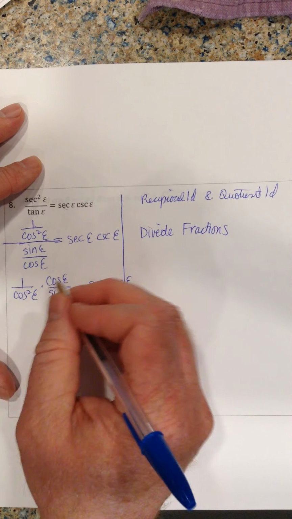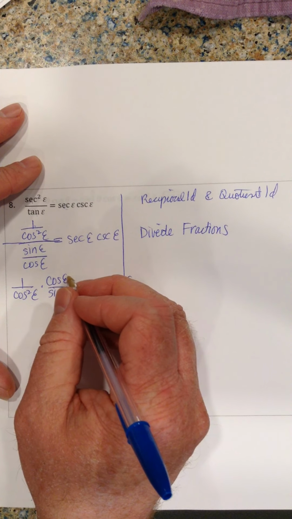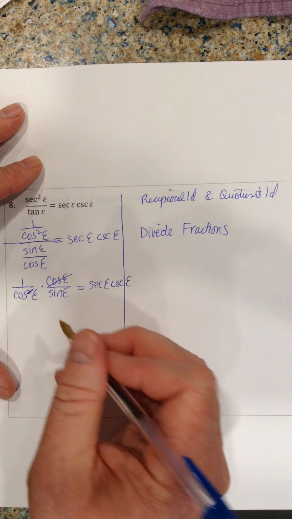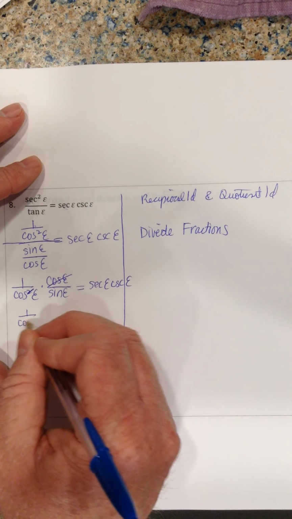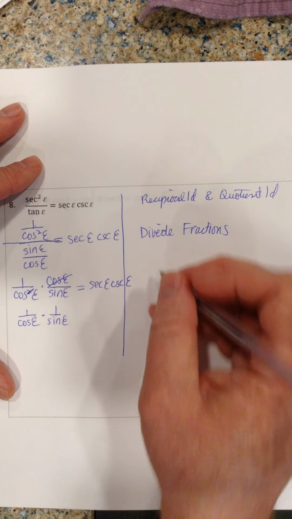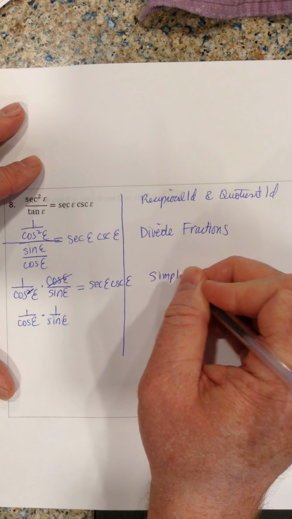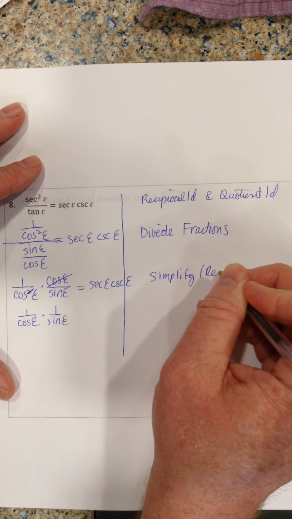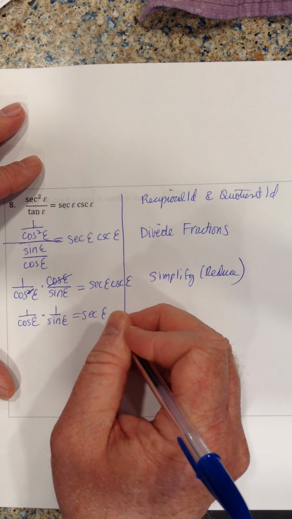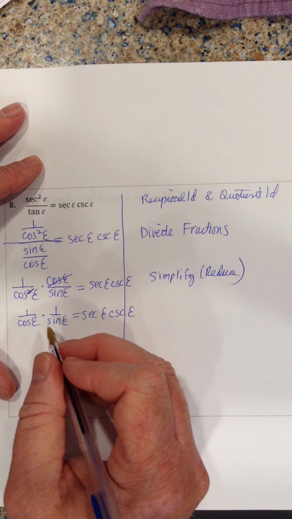Now, cosine squared on the bottom, cosine of epsilon in the numerator. So one of those cosines crosses out, reduces. So I have 1 over cosine times 1 over sine. So just simplify or reduce, equals secant of epsilon times cosecant of epsilon.